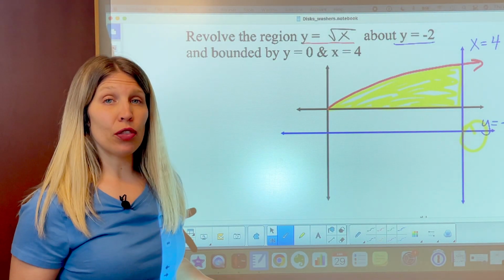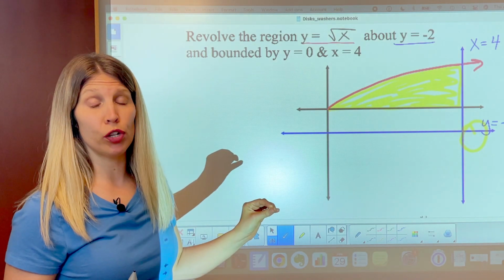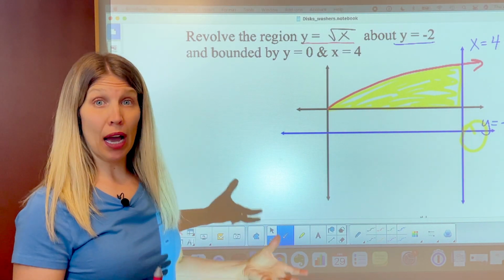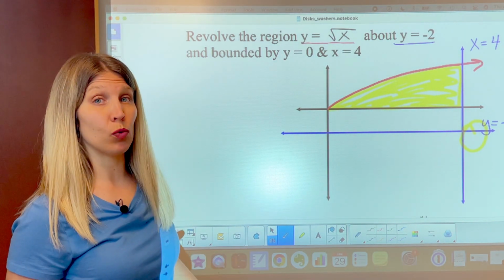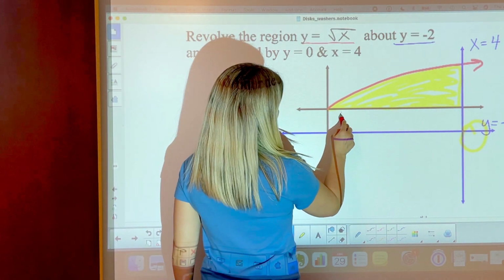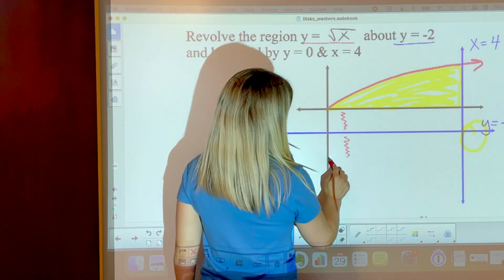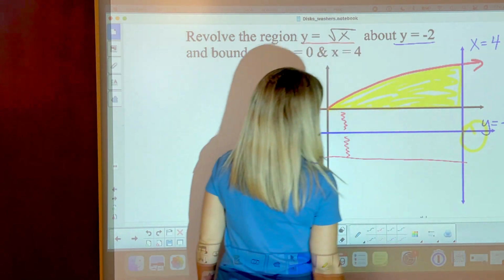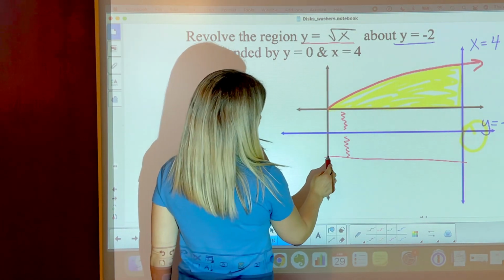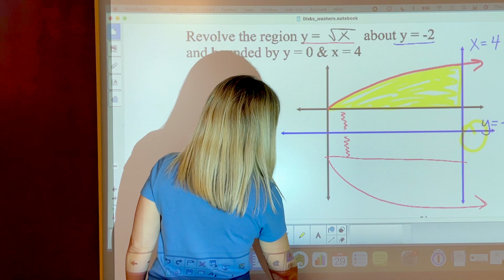Now that you've seen that 3D picture, let's try to put this on our paper, because this is going to be critical for you as you're doing this at home on your paper to understand how this is reflected and what it looks like. The first thing is there's this space right here that we have to show down here. That's the same space that we have. And then we have our square root of x function down here.